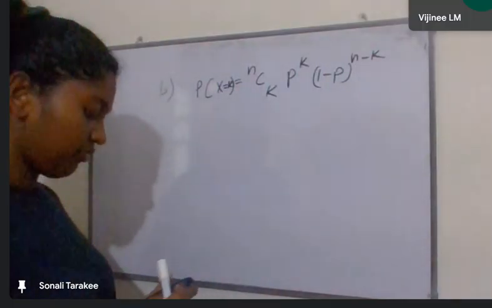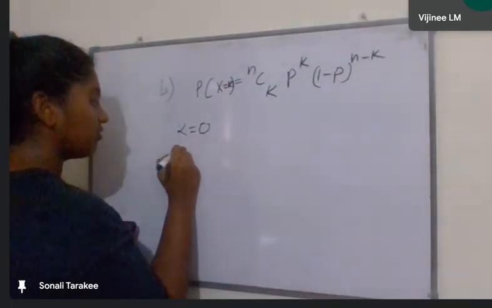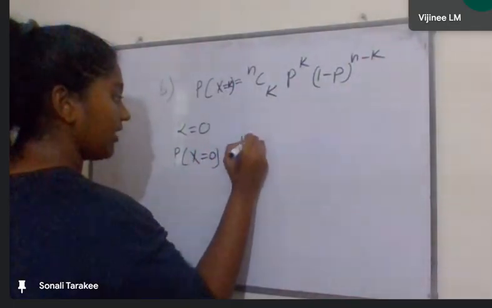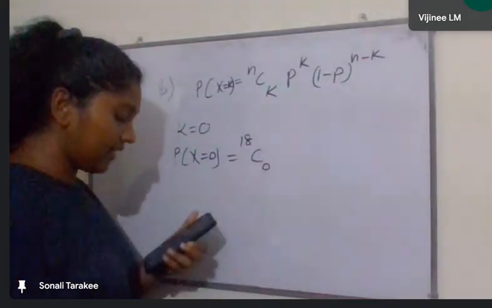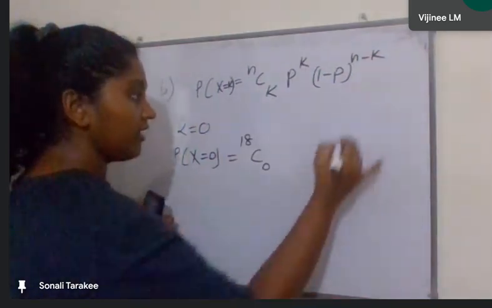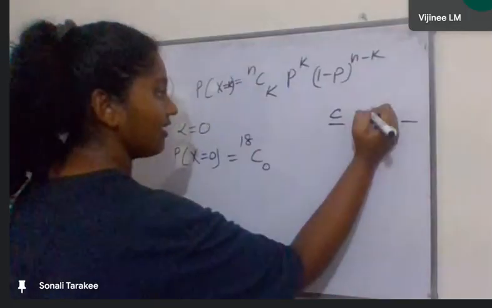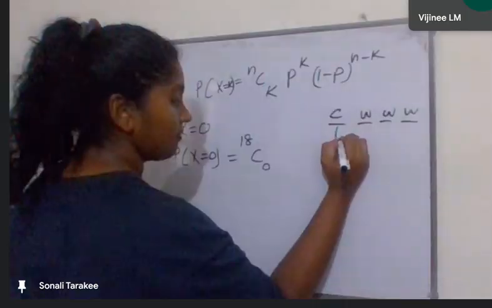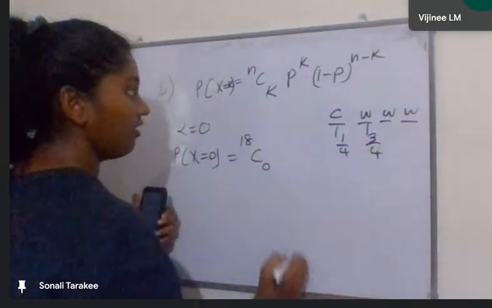What is the probability that he gets no correct answers? That is when k equals 0. So P(X = 0), you get 18C0 times the probability of getting the correct answer. Now there are 4 answers. Only one is correct. Others are wrong. So getting the correct answer, the probability is 1 over 4. Getting a wrong answer is 3 over 4.